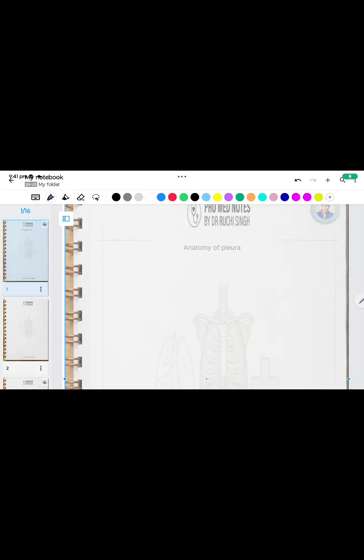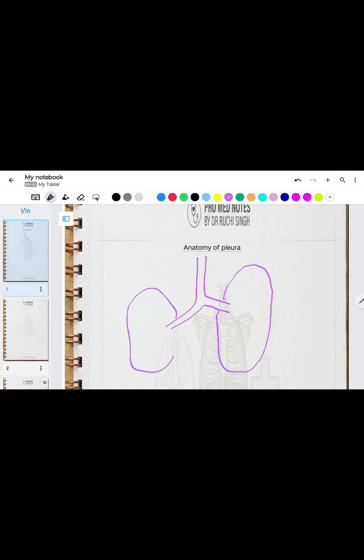So we'll be reading anatomy of pleura. Okay, this is trachea, this is left main bronchus, this is right main bronchus, this is the left lung, and this is right lung.